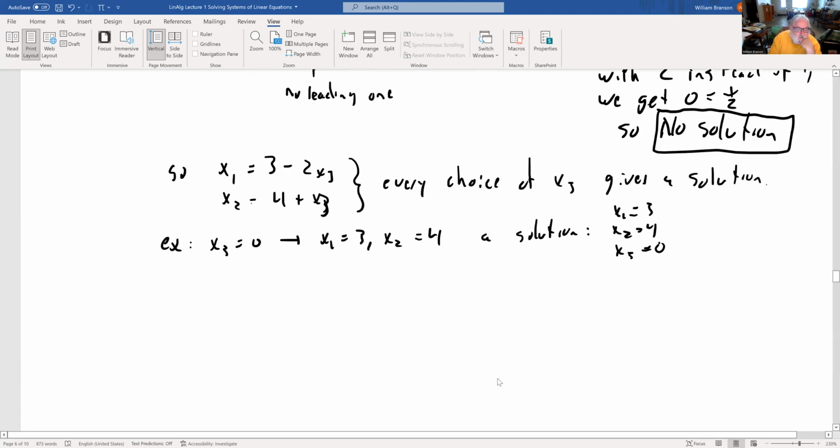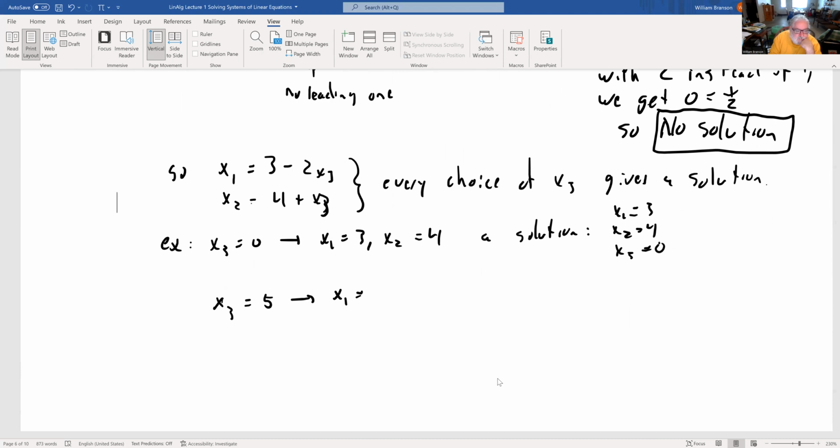So if we have x3 equals 5, that would give me x1 equals 3 minus 10, which is minus 7, and x2 equals 9. So that gives us another solution. X1 equals -7, X2 equals 9, X3 equals 5.